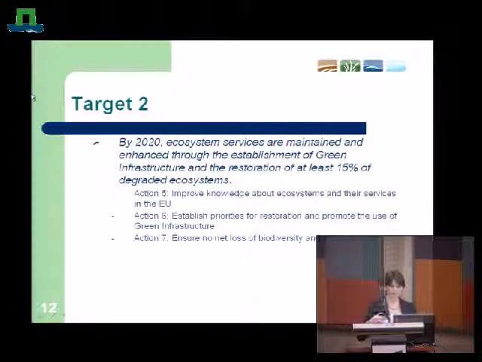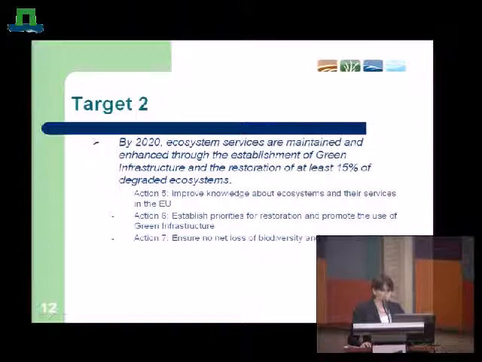The second target, on the other hand, focuses on ecosystem services, maintaining and enhancing them through restoration and the establishment of green infrastructure. Restoring 15% of degraded ecosystems is a direct translation of the Nagoya Agreement, so there has been no analysis yet as to how this was going to be implemented.